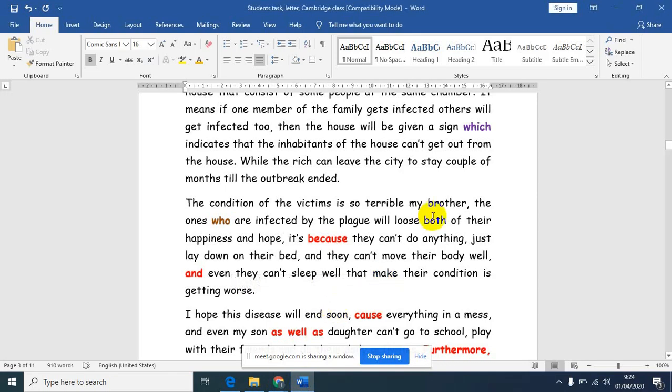Okay. So I just want to remind you about the complex sentence that has already been explained before. I explained about the sign, so that's why I call it an adjective clause, because the thing that explains the sign is a sentence. Okay. So that's why I call it adjective clause. Do you understand? Do you understand, guys?